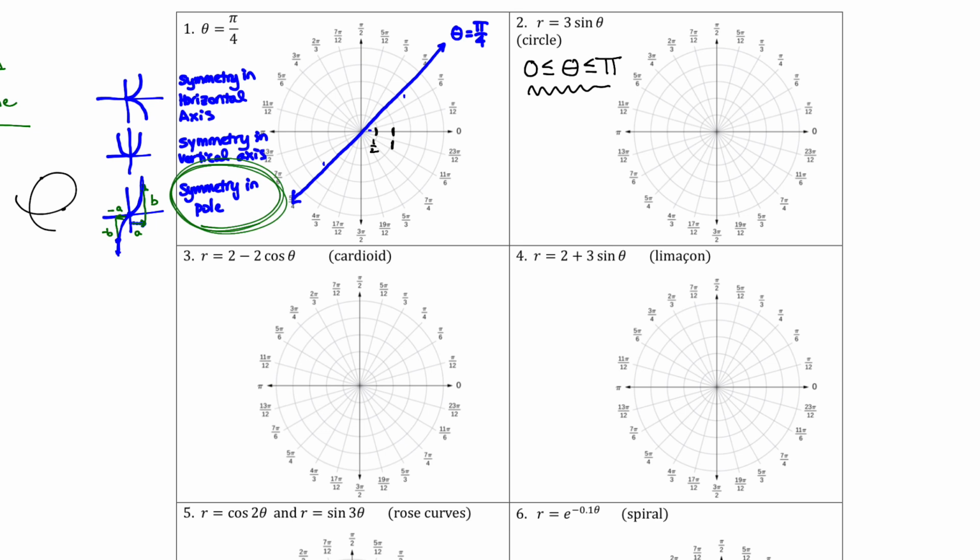Do you see that? 1, 2, 3. So when I'm at 3, I'm here. At pi over 3, I'm about 2.5, a little more than 2.5. At pi over 6, I'm about 1.5.